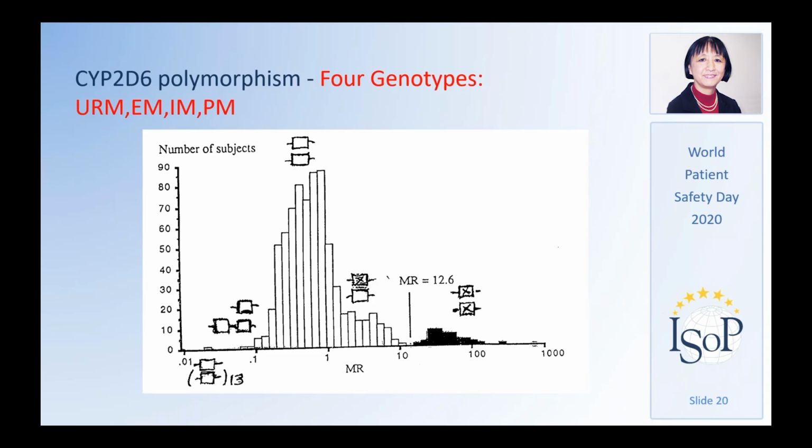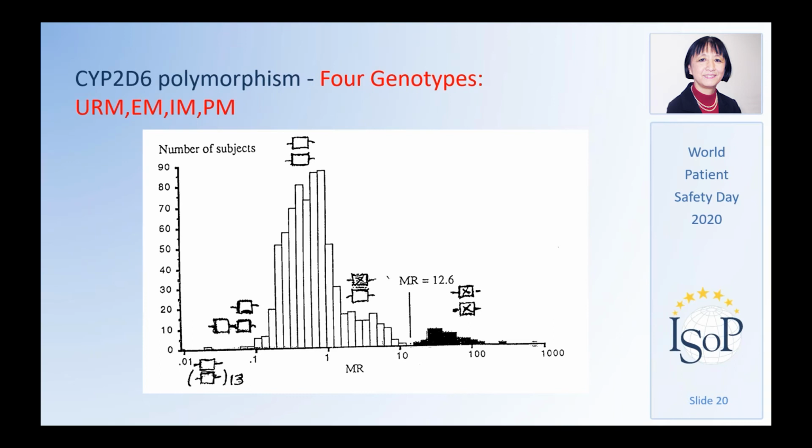This picture shows the 4 genotypes of 2D6 polymorphism. To the left, you see the ultra-rapid metabolizers who carry more than 2 normal genes. And next to it are the extensive metabolizers who carry 2 alleles of normal genes, or the wild type genes, one from the mother, one from the father.